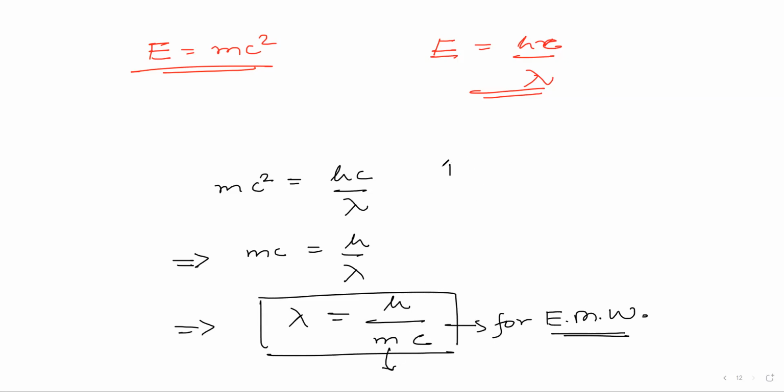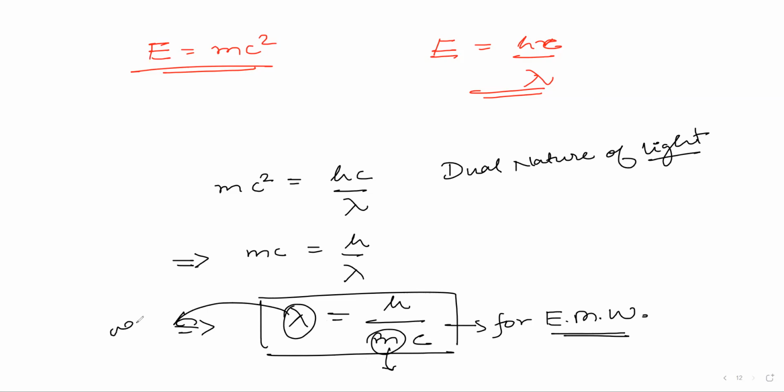That is the dual nature of light. He associated the wavelength with mass. Wavelength is the property of wave. Mass is the property of particle.